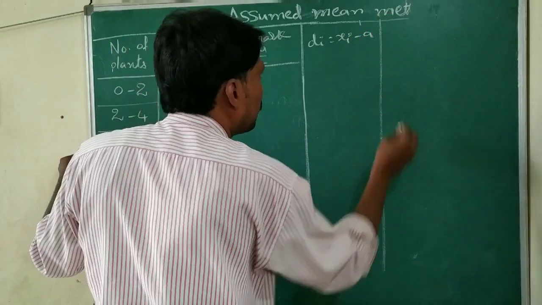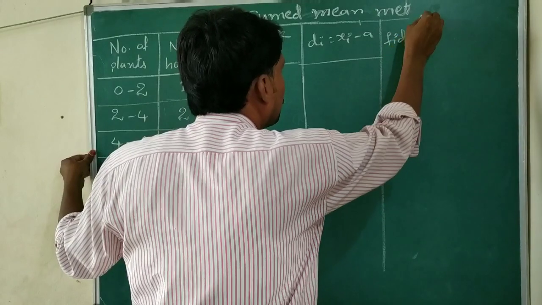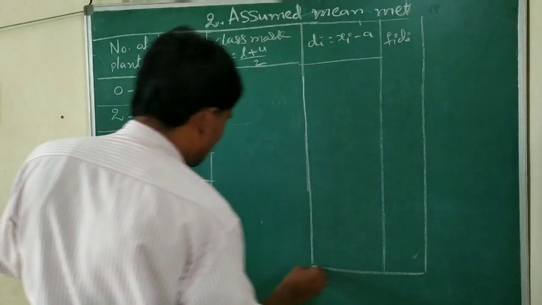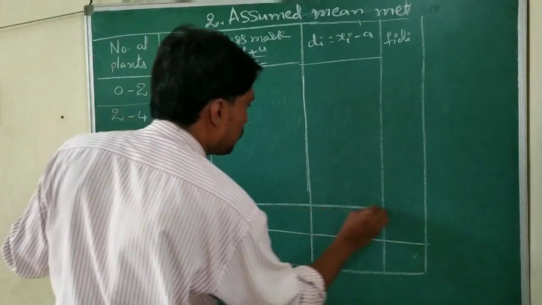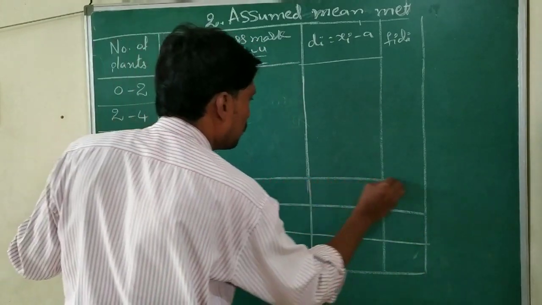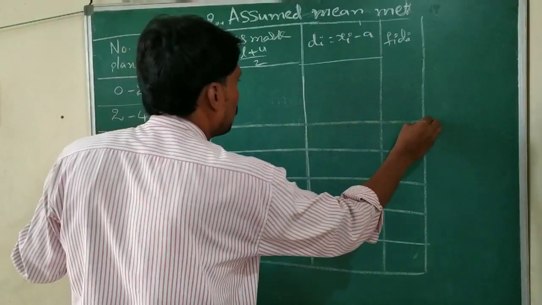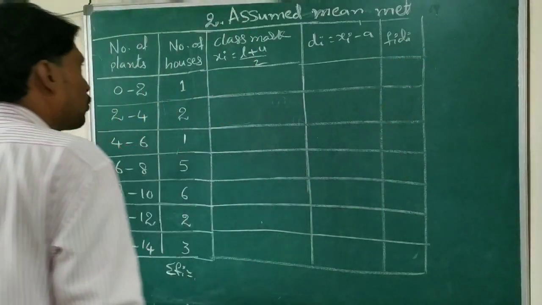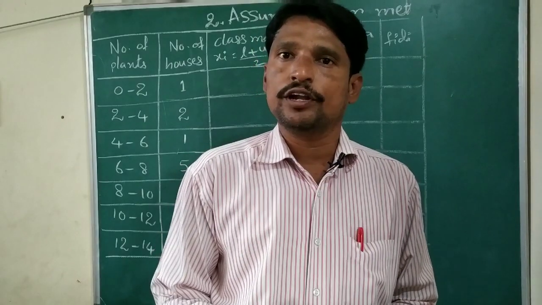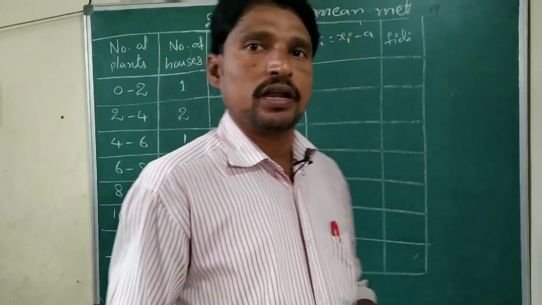The last column is Fi di. Xi means L plus u by 2. Class mark we need to find, so it is the average of the lower limit and upper limit.